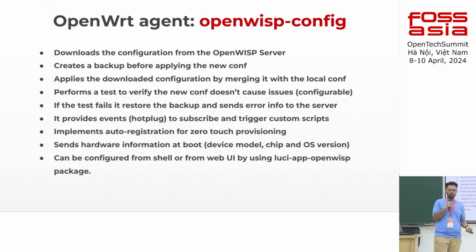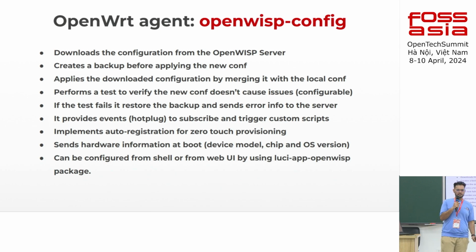And then, you can not only configure OpenWISP config on the device using SSH and the terminal, but you can also install LuCI, which is the web GUI of OpenWrt. And then just like you would use any web application, you can configure the OpenWISP config agent.